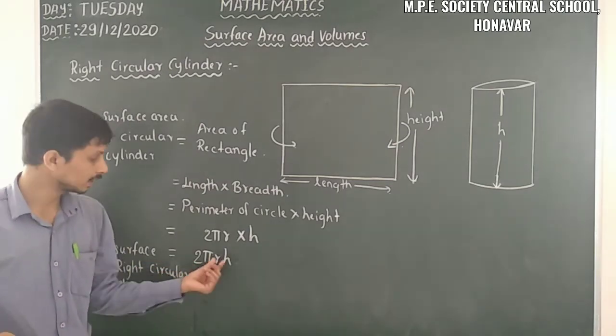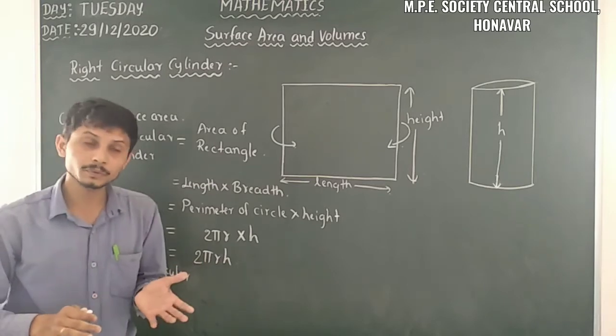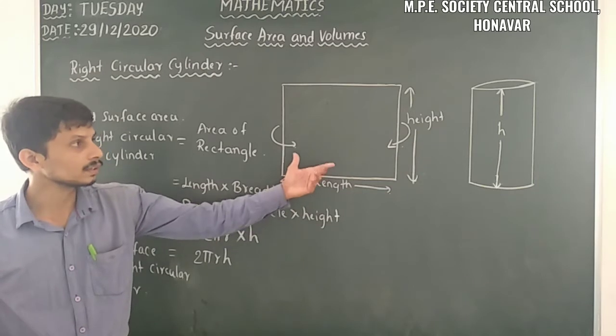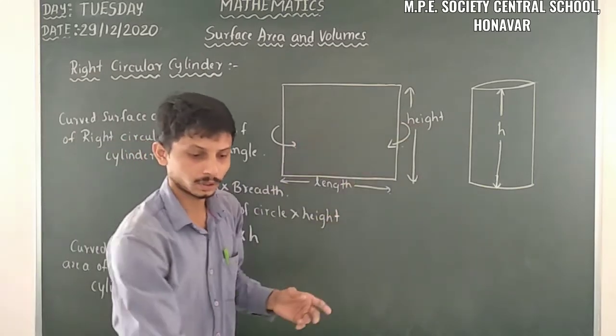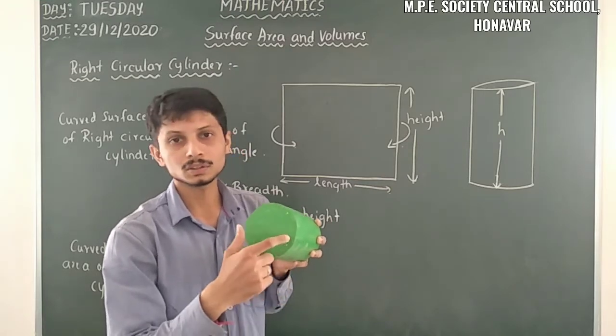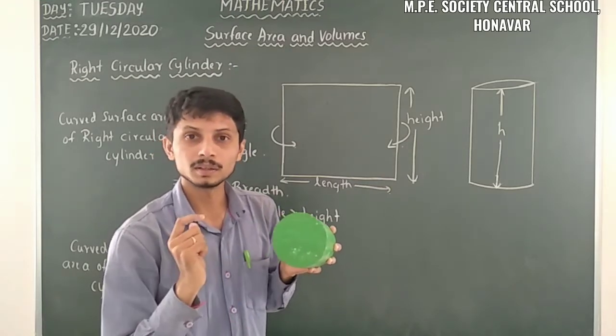So in 2 pi RH, how many quantities do we need? R is the radius, which we have to find. Sometimes we are given the diameter, so we have to convert it into the radius.